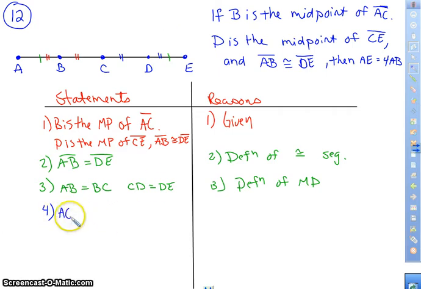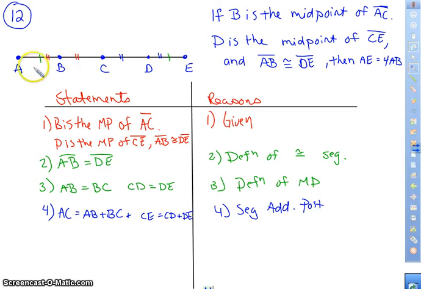So I know AC equals AB plus BC, and CE equals CD plus DE, and that's the segment addition postulate.